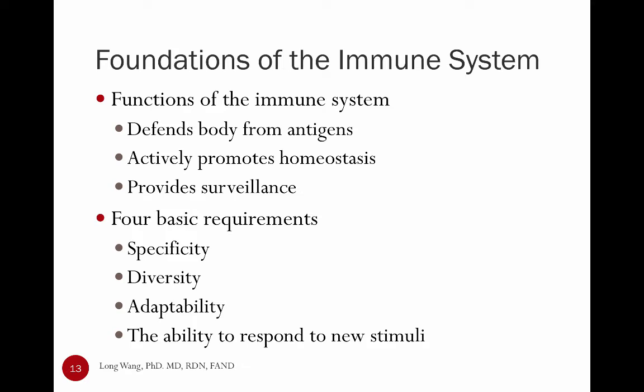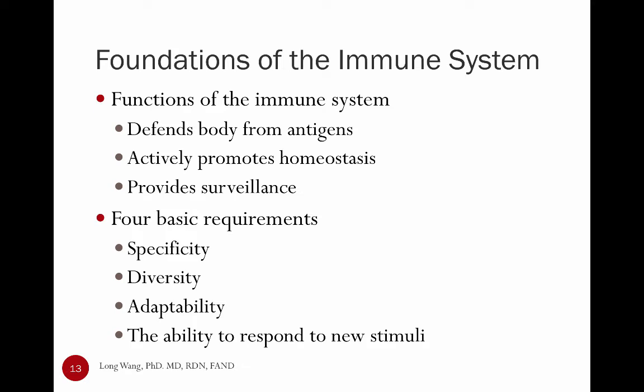The four basic requirements for our immune system are specificity, diversity, adaptability, and the ability to respond to new stimuli. Basically, our immune system has to be able to identify a specific target, the disease-causing antigen, and do something about it. And there are many types of antigens.